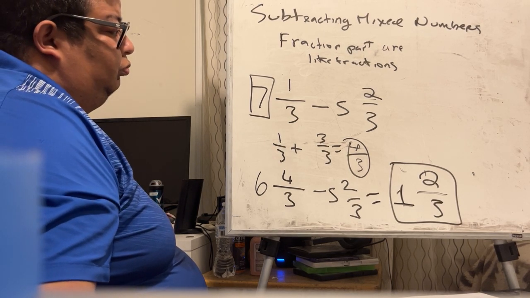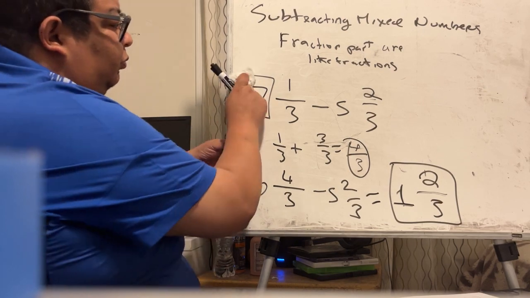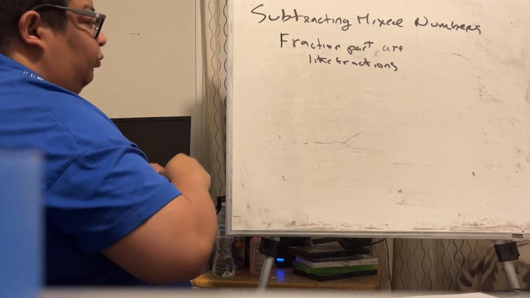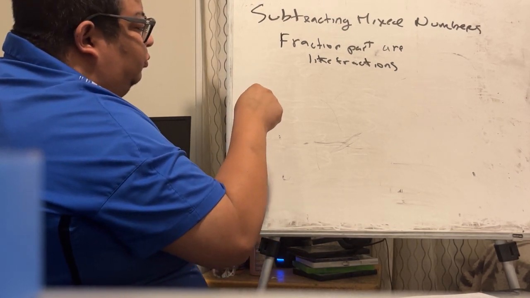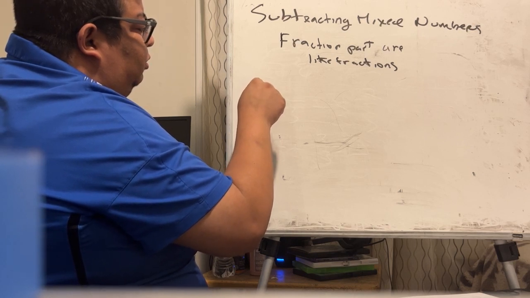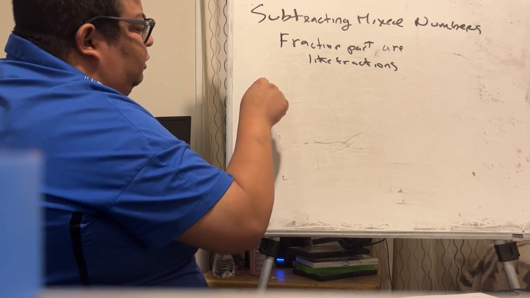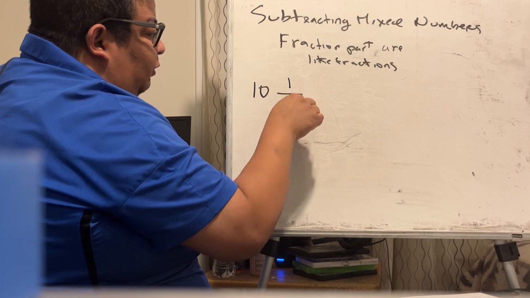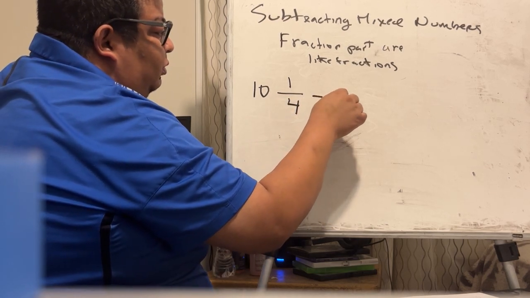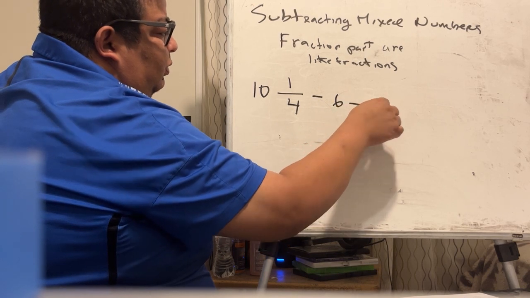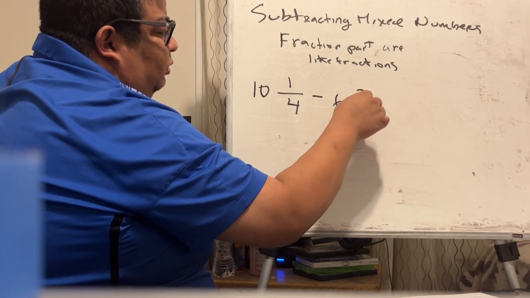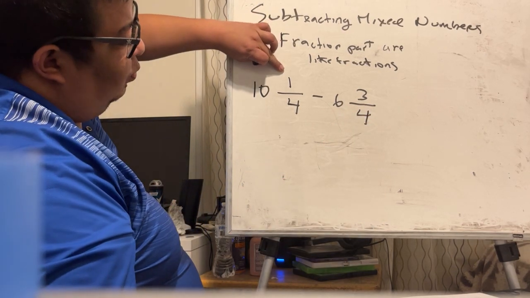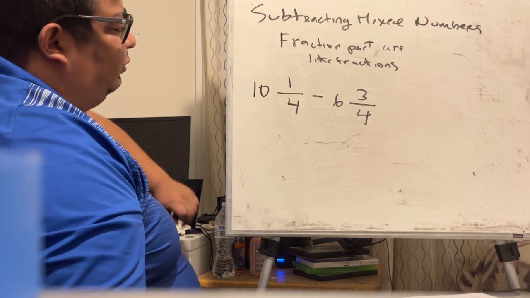All right. Let's do one more like this. We're going to do 10 and 1/4 minus 6 and 3/4. Here the numerator 1 is less than 3, so we need to borrow 1 from the 10.